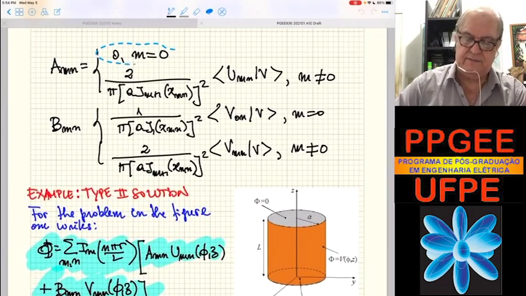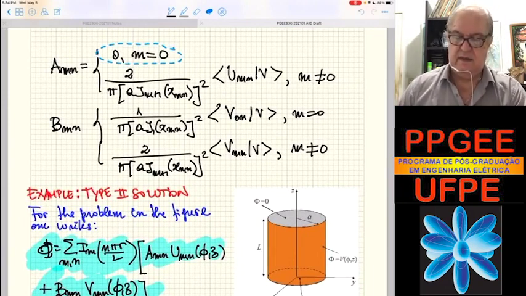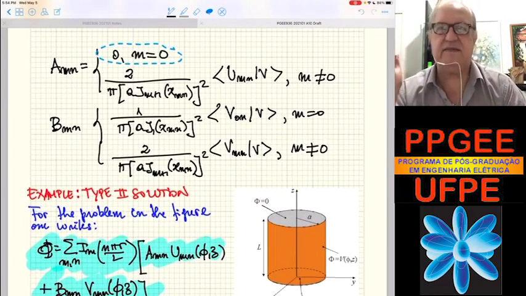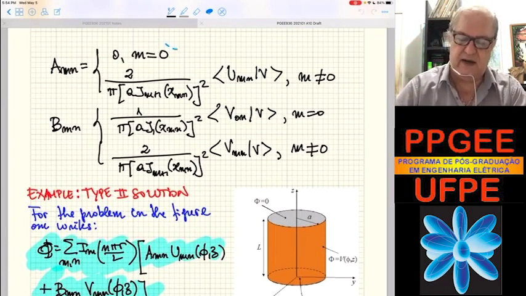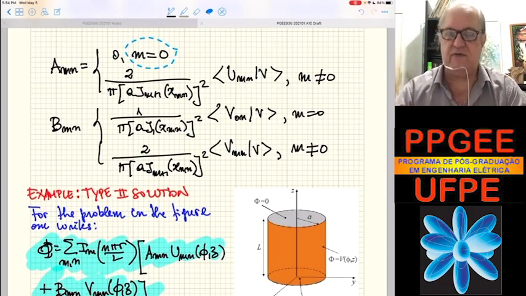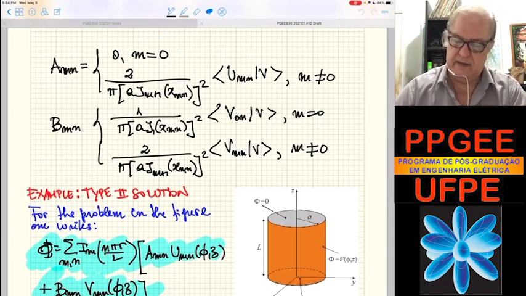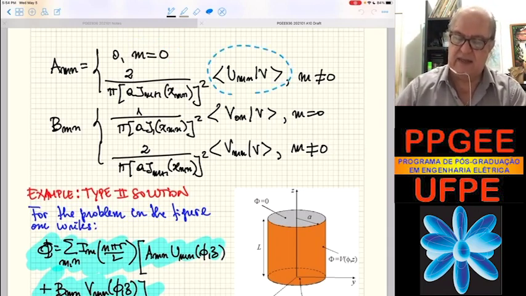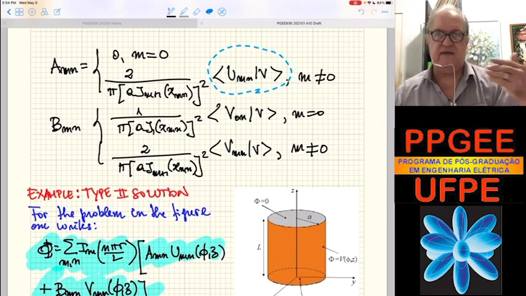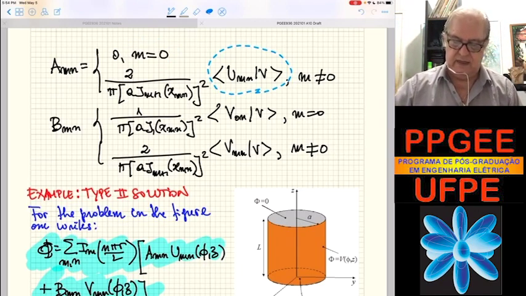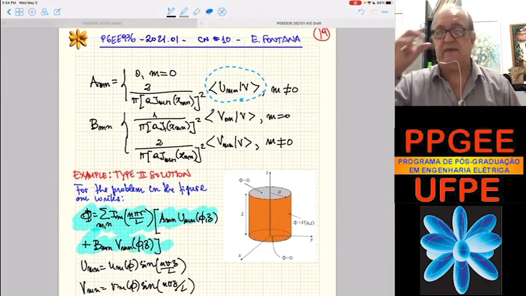Recalling that the coefficients of the sine functions for m equals 0 are always 0, because the sine function is 0 for m equals 0. And in practice, I have to calculate integrals involving the function given at z equals L. That was the type 1 solution.